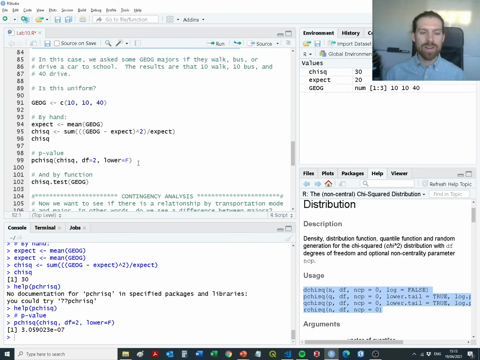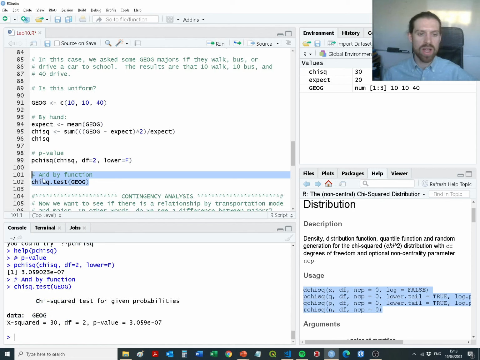So that's how we crunch through the numbers manually. Hopefully you're able to understand this relatively simple equation for how we got the chi-squared test statistic. I think the key point is that if you actually need to carry out this chi-squared test, you can do it relatively easily within R. If you've got that geography vector of the 3 different outcomes, you can just use chisq.test, which should produce something relatively similar.